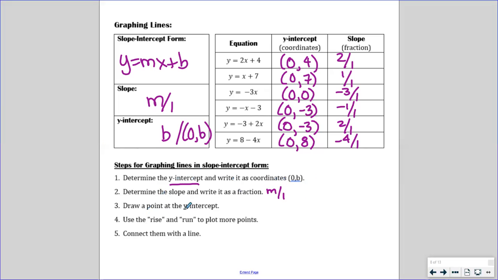Then draw a point at the y-intercept. That means your y-intercept tells you where you begin. And then use rise over run to plot more points. Your slope will tell you how much you go up or down, or left or right. And then you connect them with a line, and of course, put your arrows and label it because it's a line that continues forever.